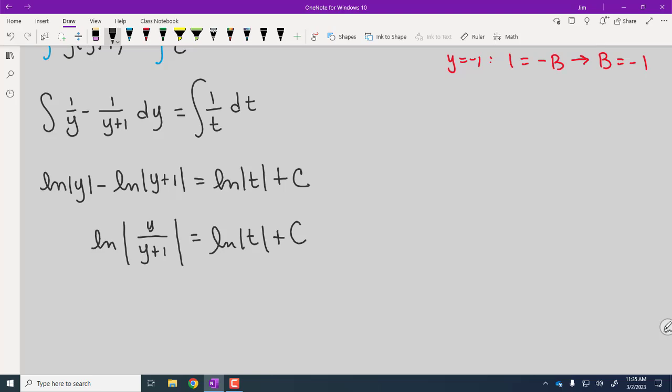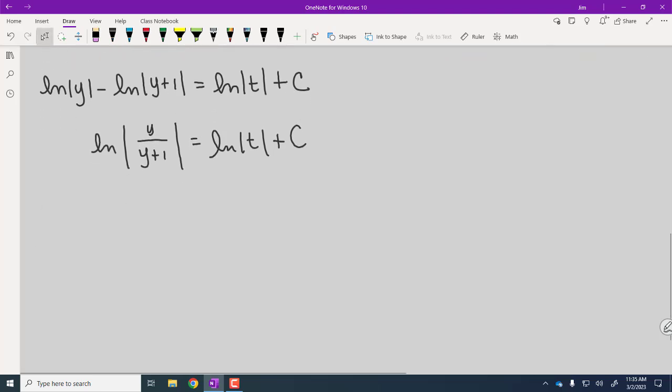Log of A minus log of B is log of A over B. Now we can exponentiate both sides. So we're trying to unravel everything that's on the outside here that's attached to the y's. So remember, when we exponentiate the right side, the entire right side is getting boosted as an exponent. The whole right side becomes an exponent.